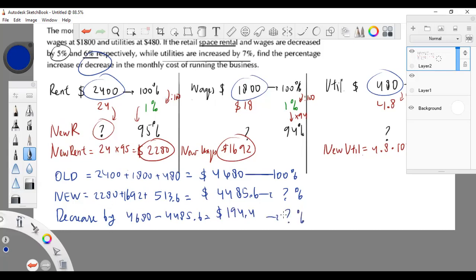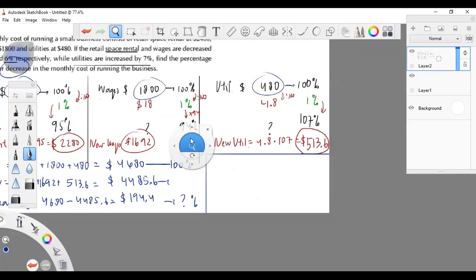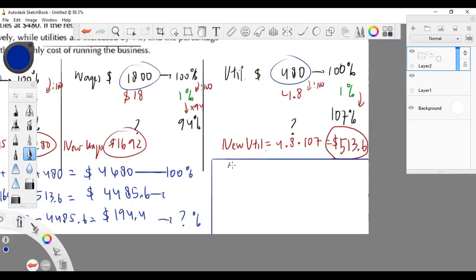And this is how many percent? Sorry, this is the question anyway. Again, I put on the new position here. 4680 representing 100%. What is 194.4 representing in percentage? Again, you have to put 1 here. So this is 100 over 4680.